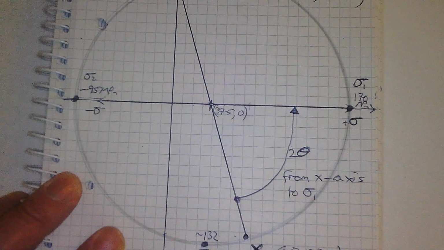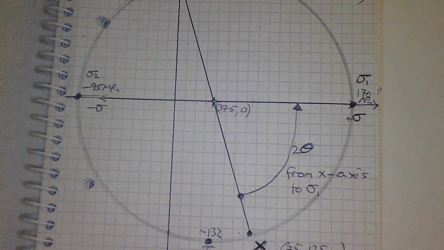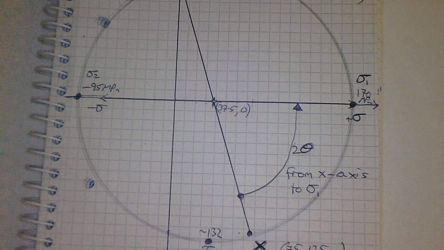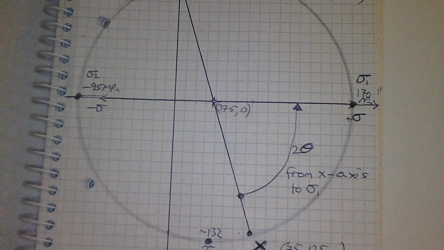Okay, so when we work out the actual angle of the principal stress in your part, measure that angle, divide it by 2, and that gives you theta, the angle of the inclined plane in your part at which the normal stress is a maximum. Okay? So you can stick down your protractor, measure that.